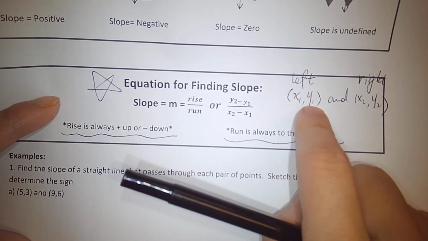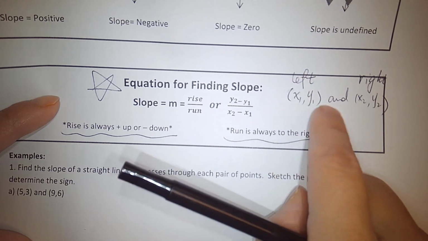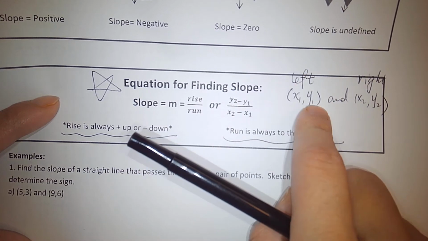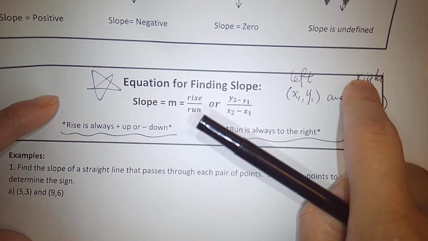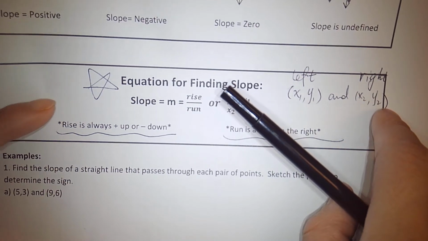This point may be taller than the other point, but whichever point is on the left, we consider it the first point. The point to the right is the second one, x2, y2.